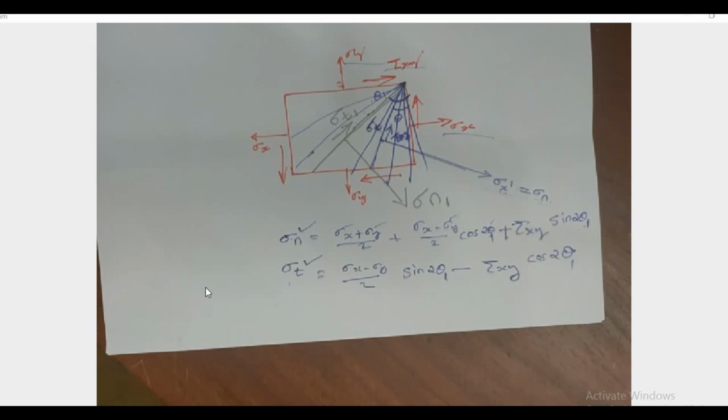What is that? We define that on a principal plane the shear stress value equals 0. So there are two definitions for a principal plane. On a principal plane, shear stress value equals 0, or we can say this is the plane where the normal stress is maximum or minimum. Okay, that is the principal plane.